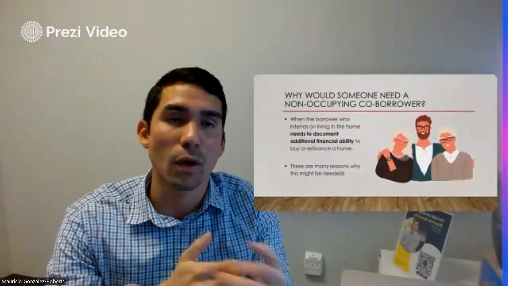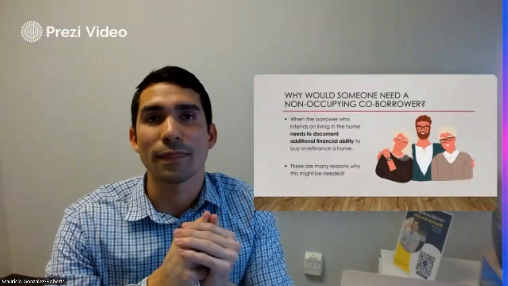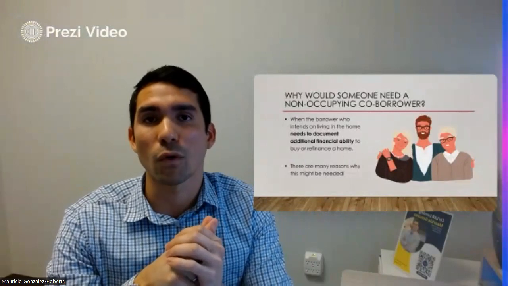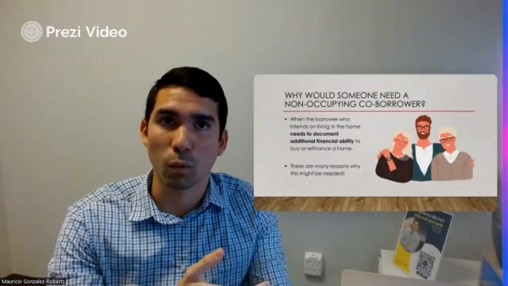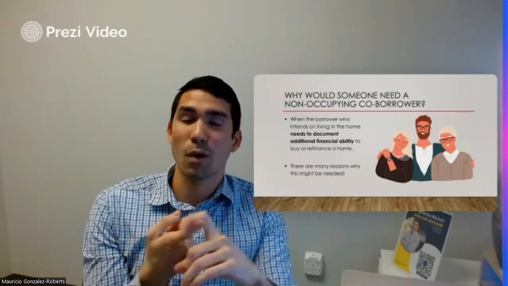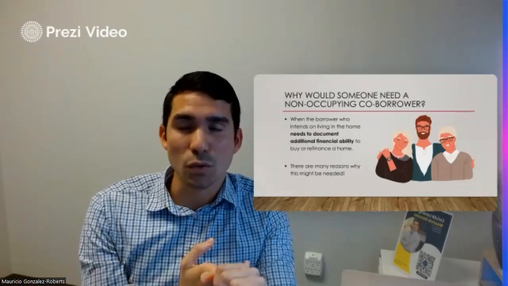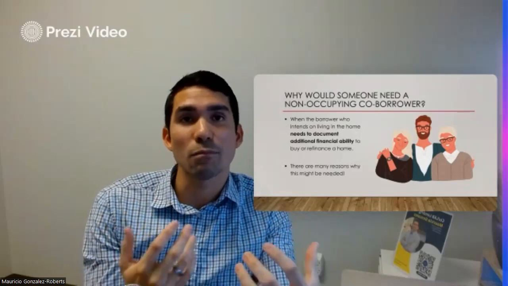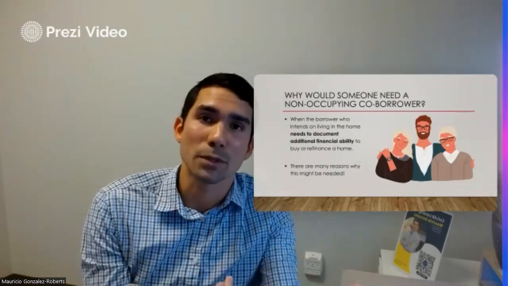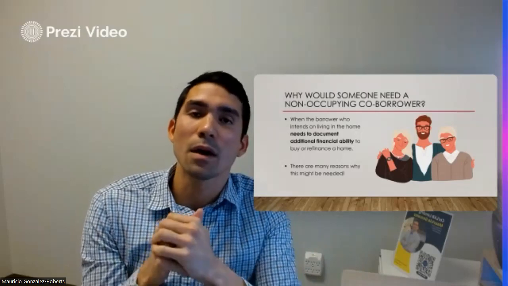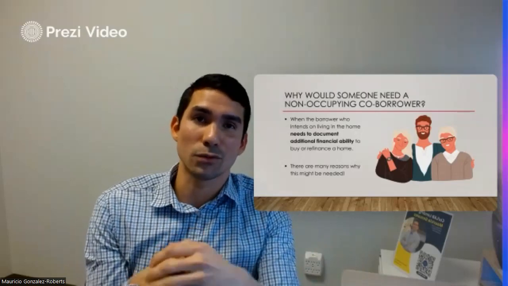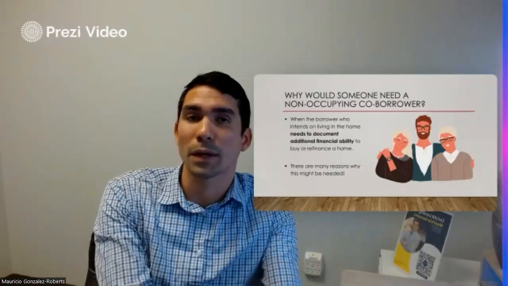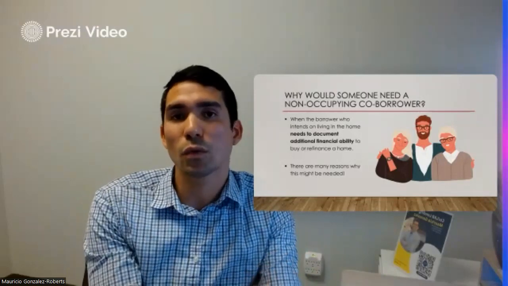For example, I just had one of my borrowers who is moving out of state, coming into the Pittsburgh area for school, and they also work, but they don't necessarily have, one, the credit score, and two, the income to show a little bit of stability because they have moved around and they don't have a full-time job. So it's just more of a part-time income. In this case, we were able to use one of their parents to co-sign or be a non-occupant co-borrower on the loan to qualify for the loan.